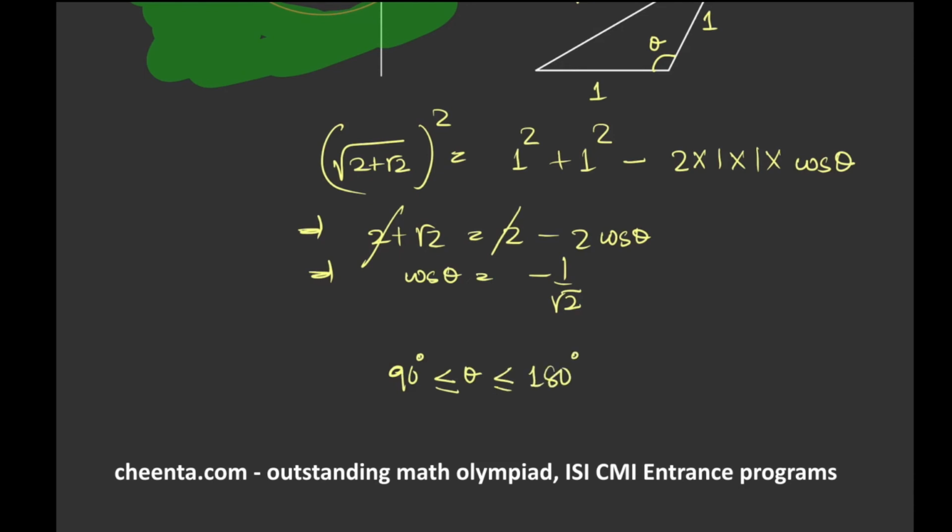So which angle lying between 90 and 180 gives a cosine of minus 1 upon root 2? And that's pretty easy to see. The only angle that does that is theta equals 135 degrees, that is 3 pi by 4.